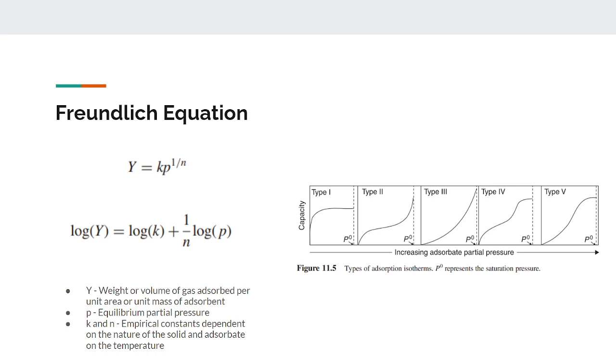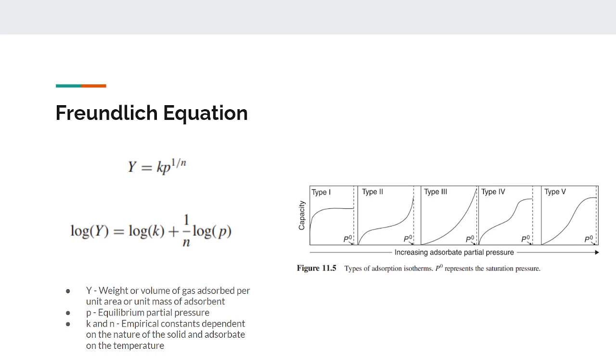The Y is the weight or volume of gas absorbed per unit area or unit mass of absorbent. And our K and N there are constants, empirical constants, which are dependent on the nature of the solid and absorbent and on the temperature.